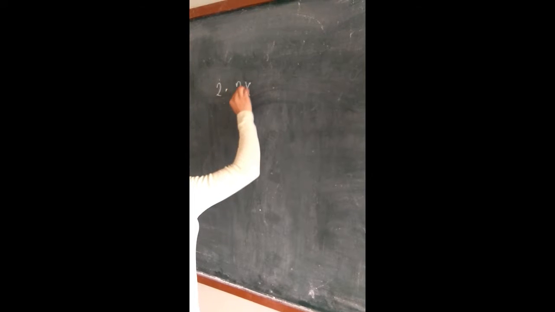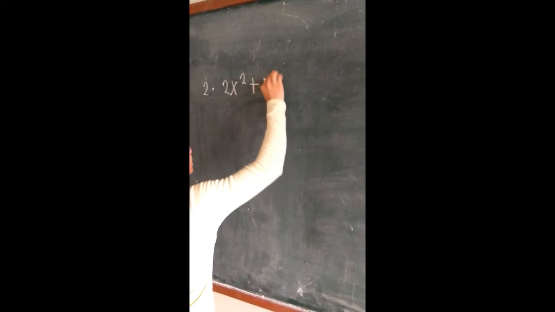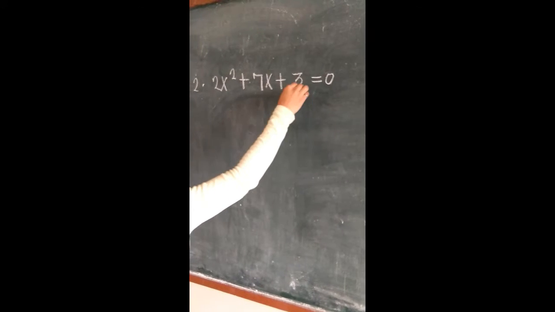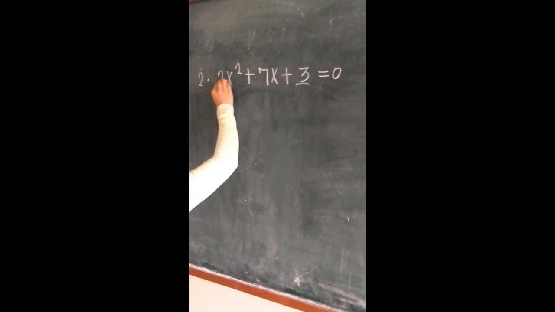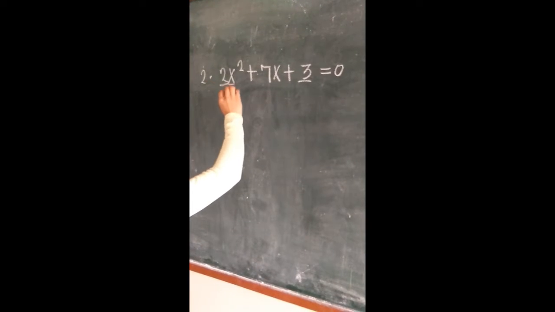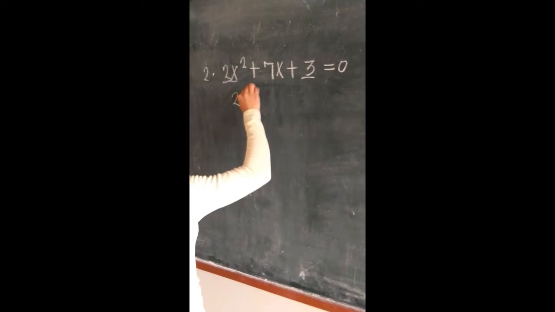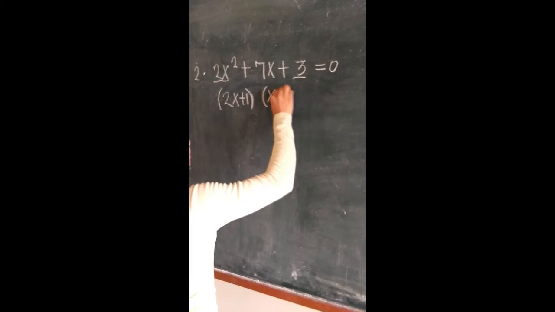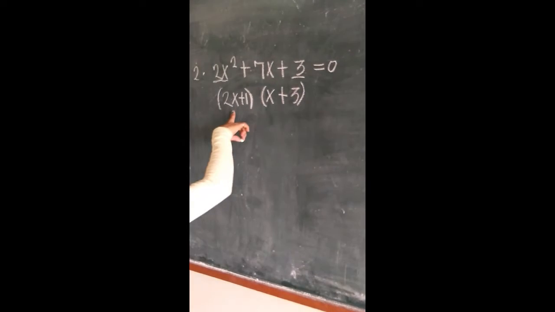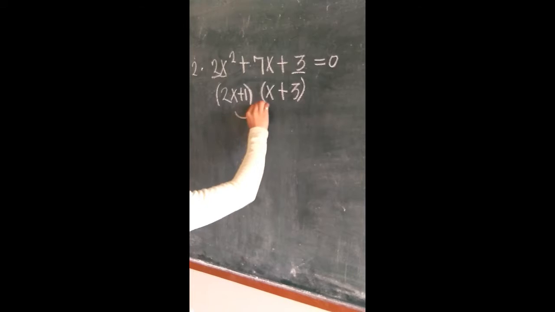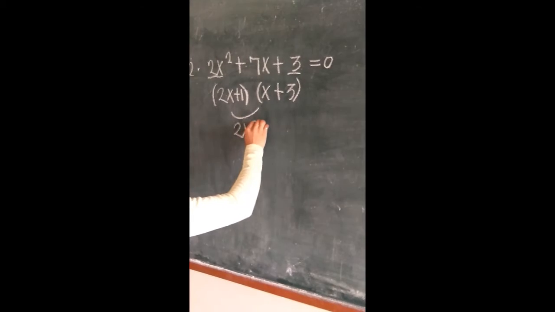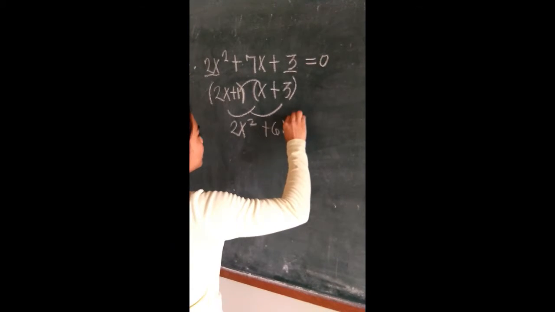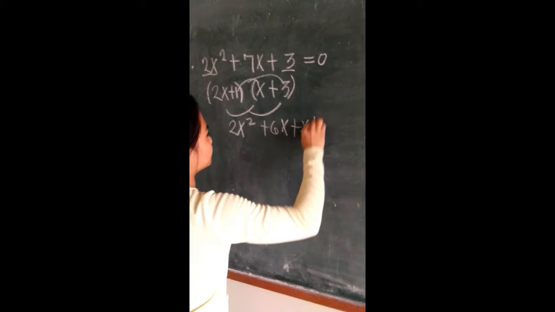Example: 2x squared plus 7x plus 3 equals 0. Since our goal is to have 3 coefficients and 2x squared as the first term, we must factor it out as 2x plus 1 times x plus 3, because 2x times x will give us a product of 2x squared, and 2x times 3 will give us 6x, and this is x, and this is 3.